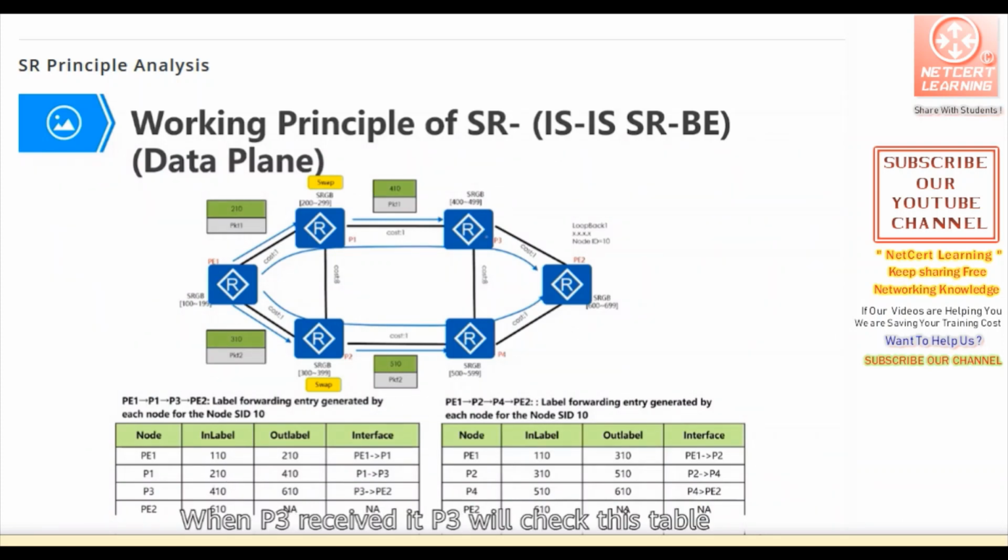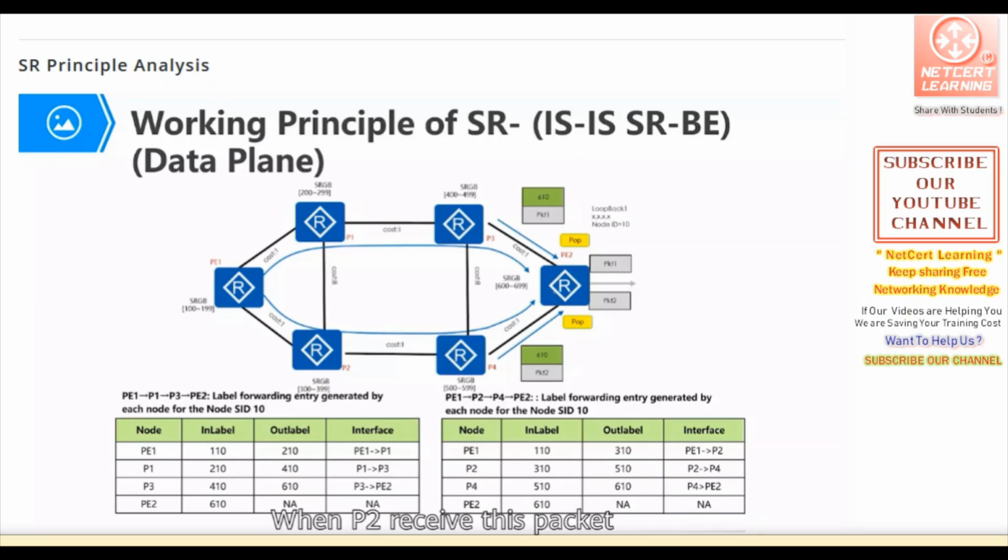When P3 receives this, it will check the table, and the in label is 410. So P3 will swap 410 to 610 and send this packet to P2.